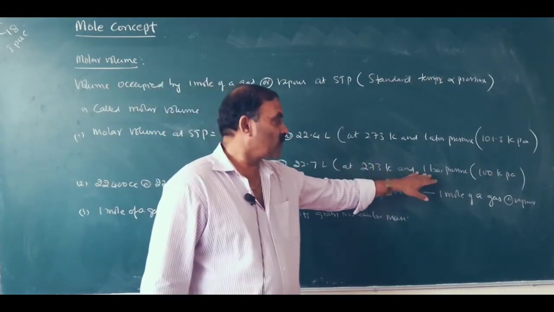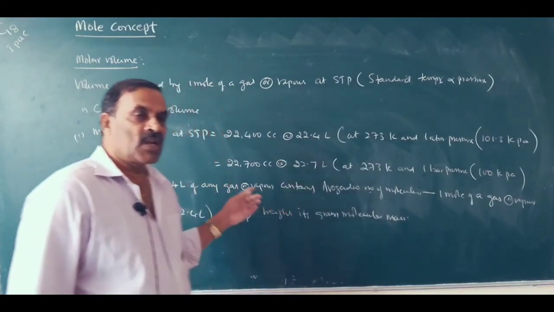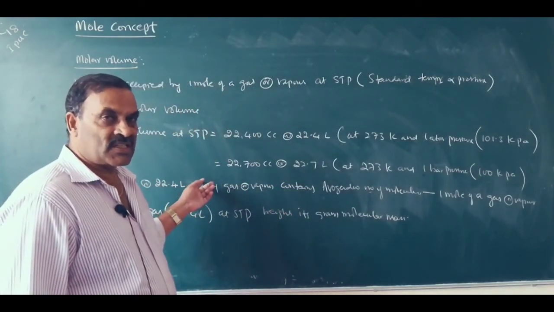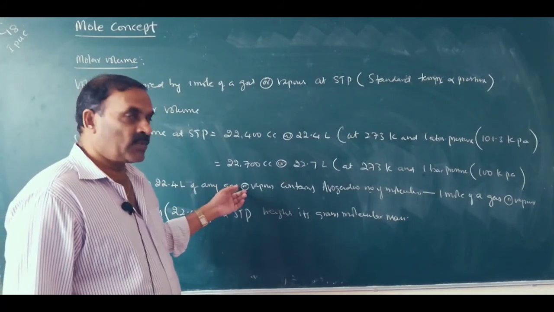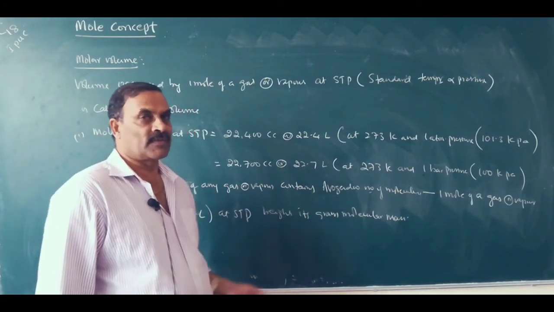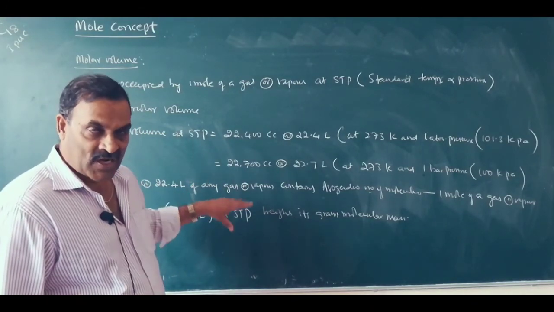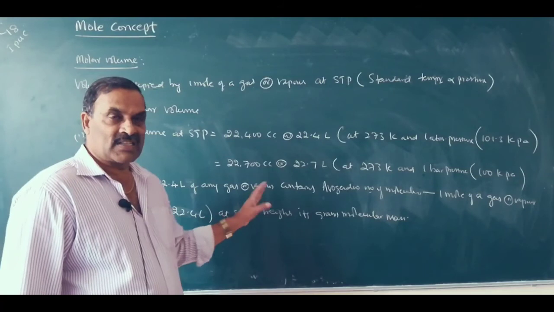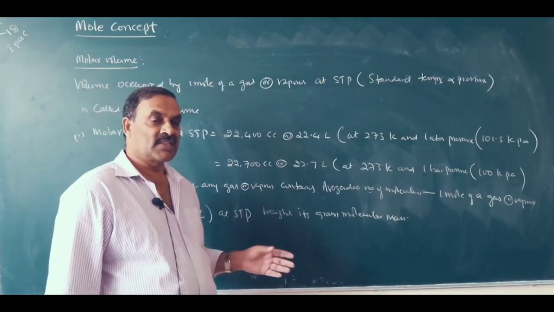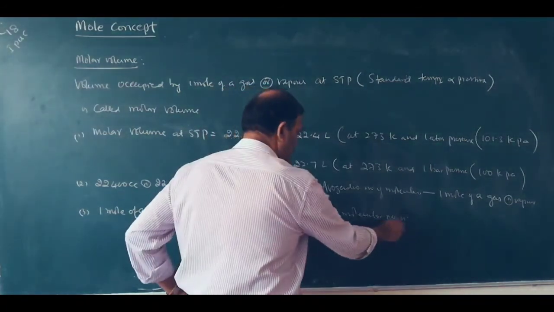When the pressure is 1 bar, its value is 22.7 liters. 22,400 cc of any gas at STP contains Avogadro number of molecules. So 1 mole of a gas contains Avogadro number of molecules, and its weight is equal to its gram molecular mass.